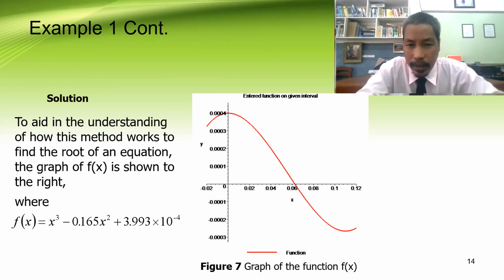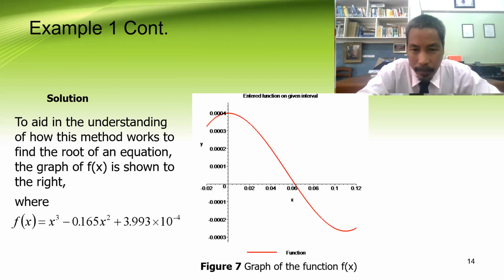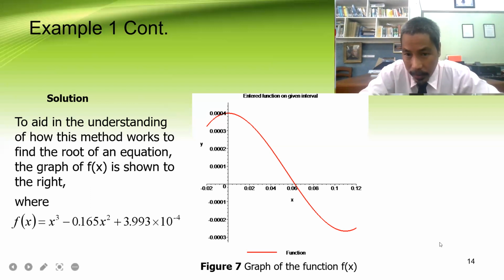It is clear to us that for negative x values, there is no meaning. The x should start with 0 up to 0.11. As you can see in the figure, 0.11 is about this point. It is a little bit bigger than 0.10, but far from 0.12.